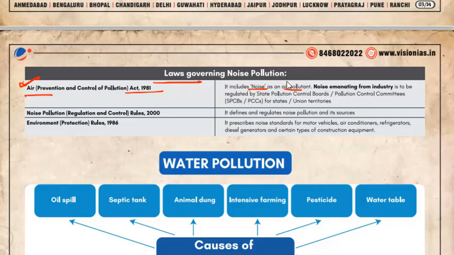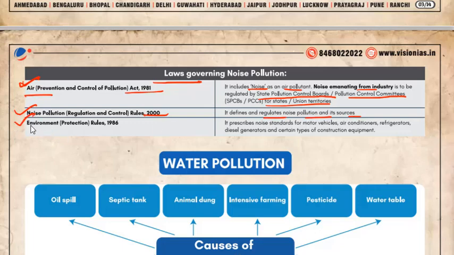Noise pollution comes under air pollutants. Noise emanating from industry is to be regulated by the State Pollution Control Boards and Pollution Control Committees for states and UTs. Next is the Noise Pollution Regulation and Control Rules 2000. It defines and regulates noise pollution and its sources.